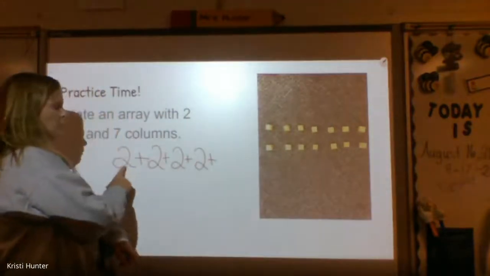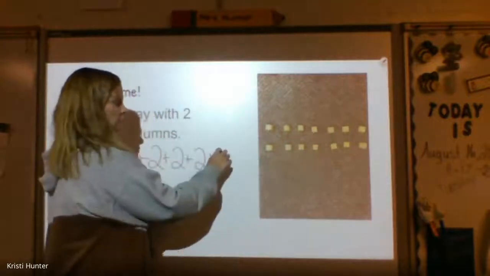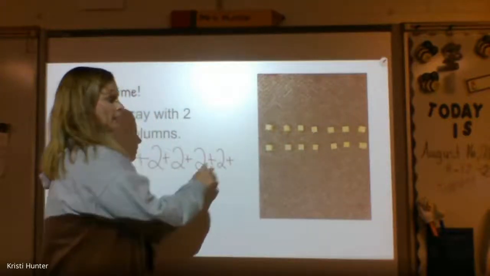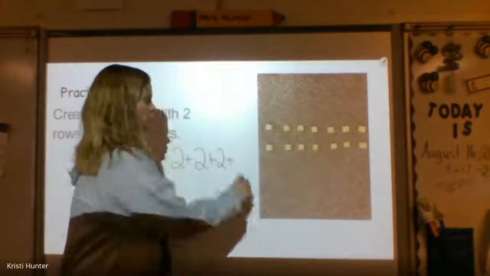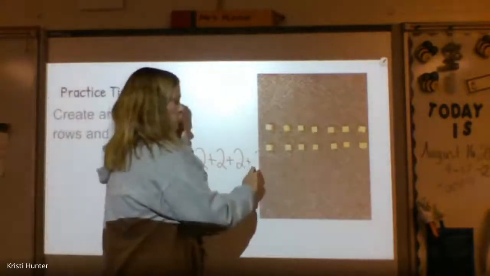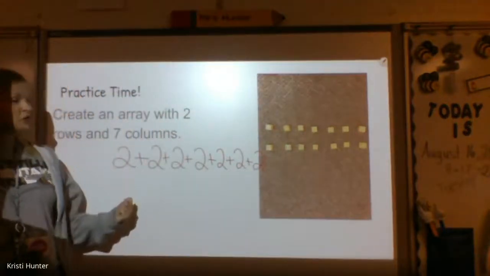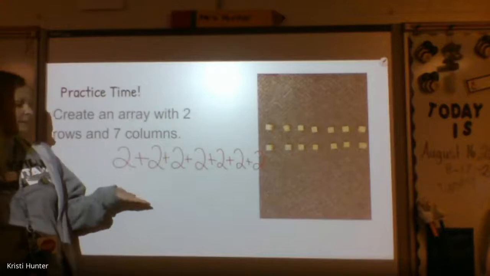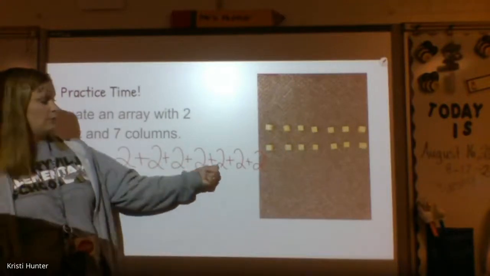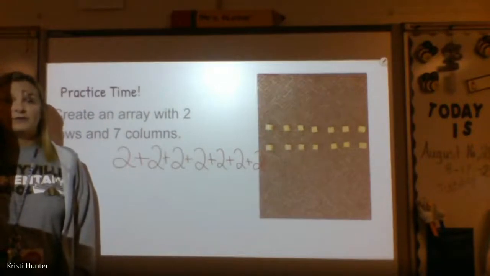Let's see. Column 1, 2, 3, 4. Column 5 has 2 as well. Column 6 has 2 as well. And column 7 has 2. We have 7 number 2s because we had 7 columns. All right, now we got to count by 2s to solve.